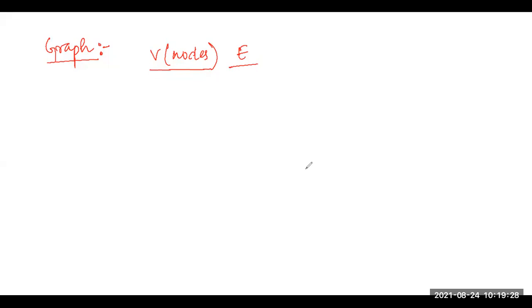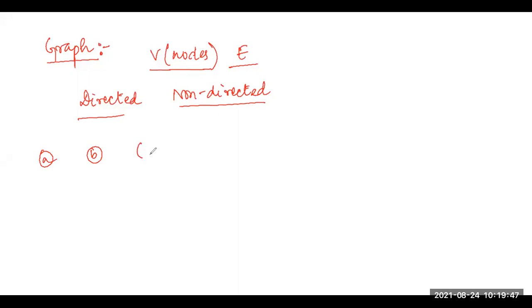When we talk about graph, we actually mean two types of graph. One is the directed graph and another is the non-directed graph. Now, in a directed graph, as the name suggests, suppose there are a few nodes and the paths will be directed paths.